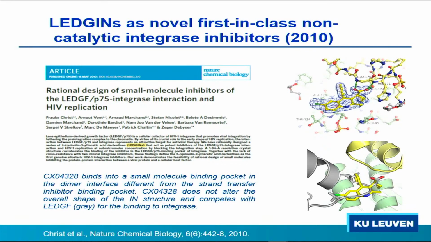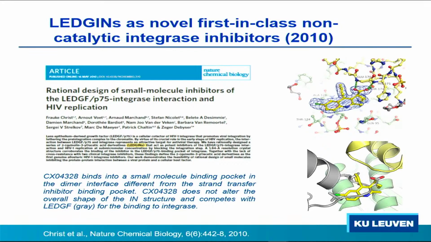So you see that the compound is sitting in the pocket, and all of these LEDGINs have a carboxylic acid, which is actually competing with an aspartic acid in the loop. So the loop is protruding, has a carboxylic acid, and the compound is mimicking that and is competing with this loop.